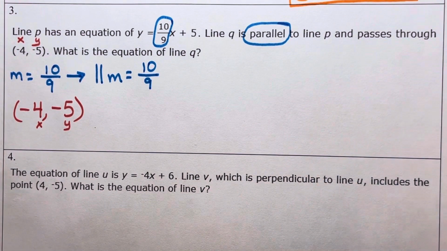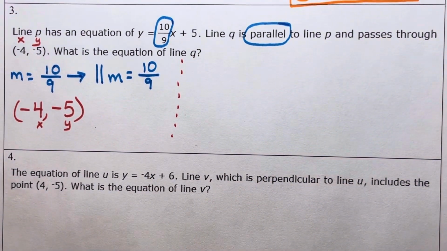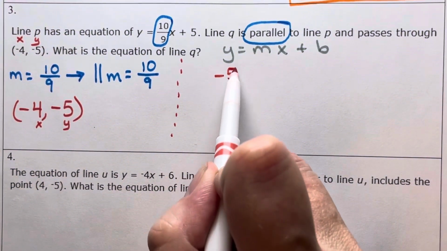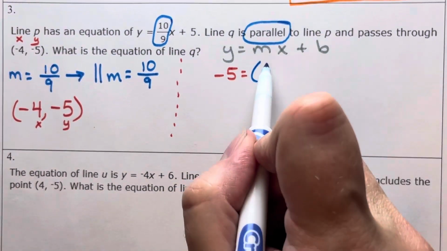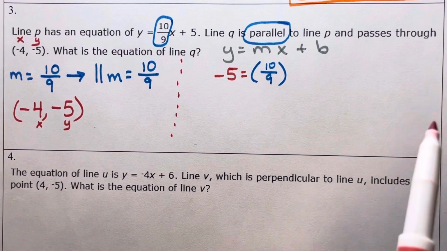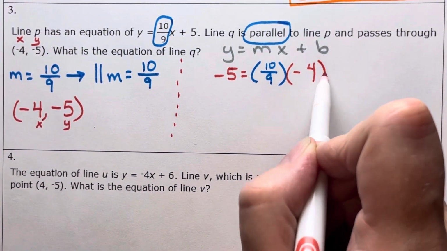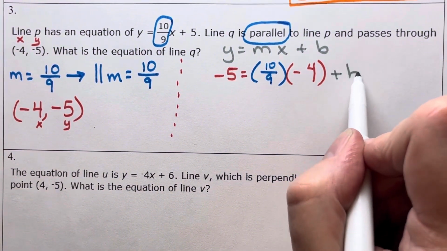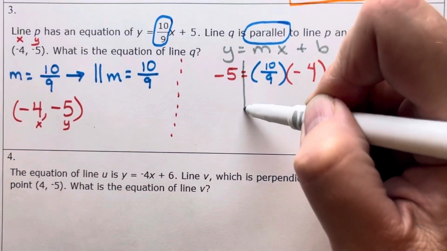Let's go ahead and put that into our slope-intercept equation. Placing in for y a -5, equaling our slope of 10/9 times the x from our coordinate point of -4 plus b, our unknown at this time, y-intercept. Let's go solve for b.